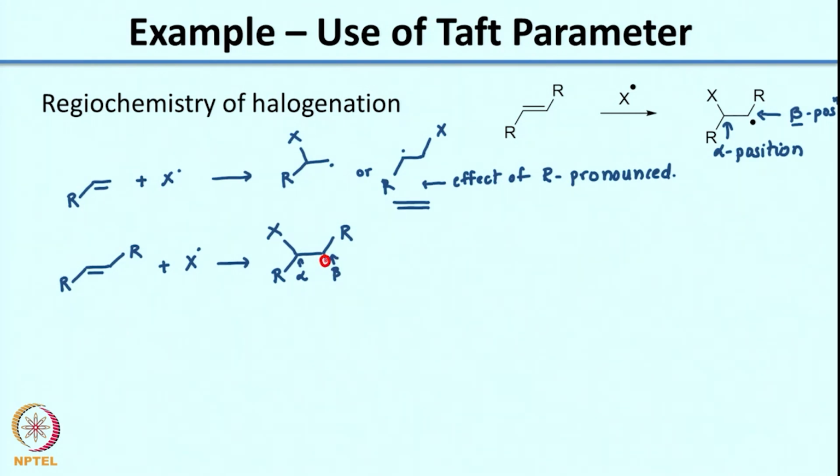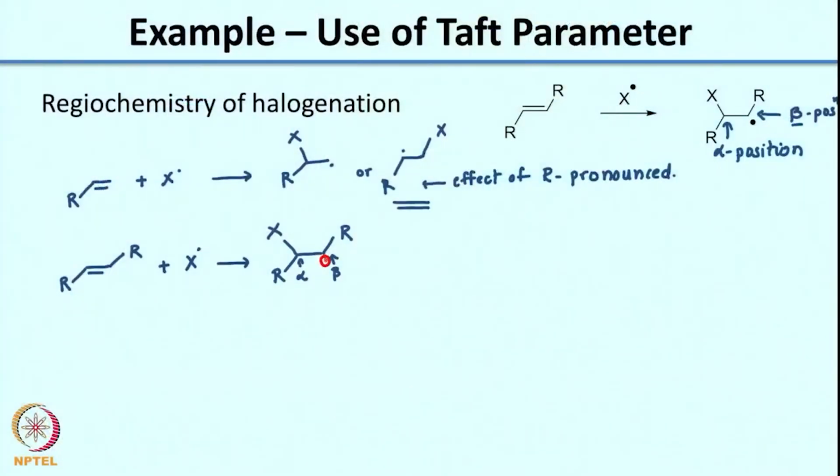So what we need to figure out is, does sterics play an important role in this case? As you see in this case, you have two R groups. So the effect of electronics is similar at alpha and beta position, correct, because you have two R groups at both sides. So electronics will not play a major role in deciding regiochemistry for this particular reaction, because you have electron releasing groups or electron withdrawing groups on both positions.